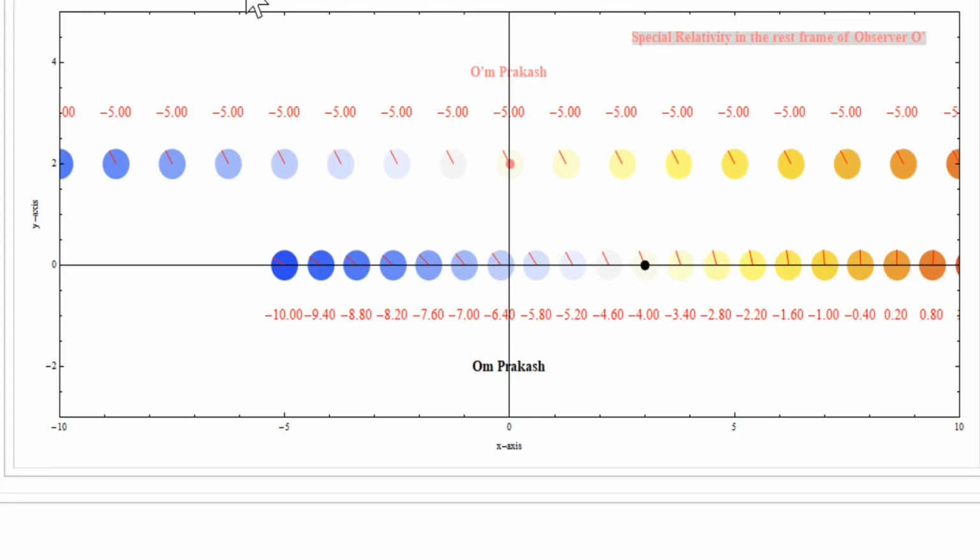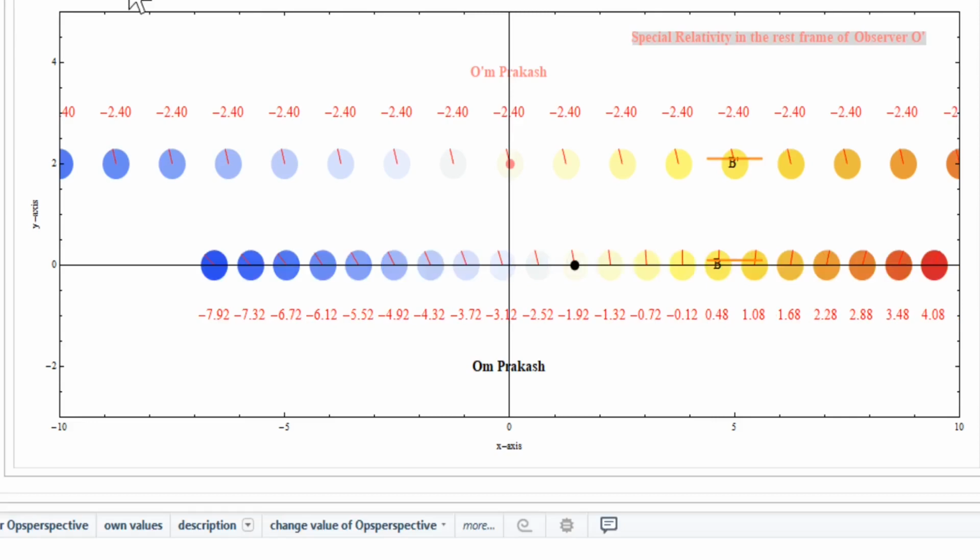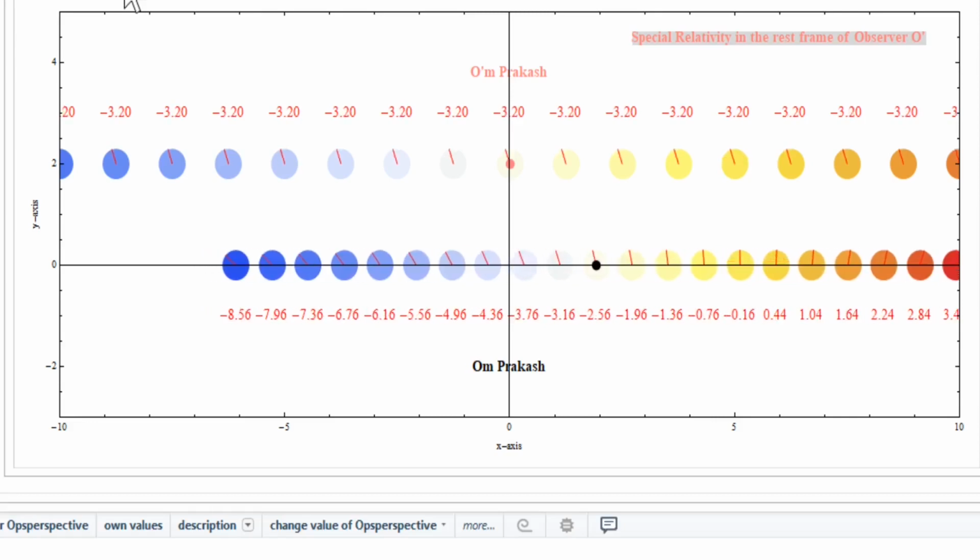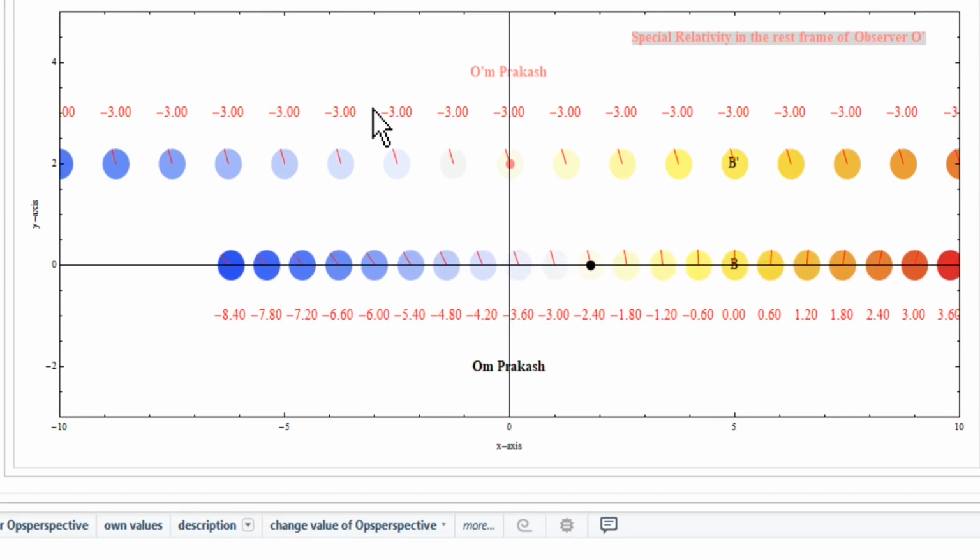Now if we play this movie forward, we saw that at time t equal to -3 seconds, according to O prime Prakash, his friend B prime, as seen by all the train observers on their synchronized clocks, comes face to face with B.